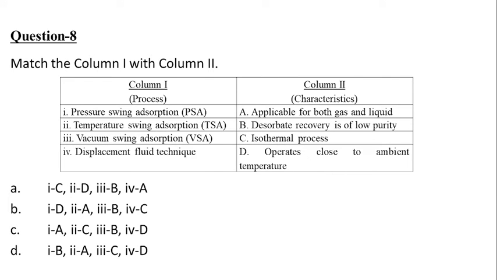So let's move to question number 8. Match column 1 with column 2. In column 1 some processes are given, and in column 2 corresponding characteristics are given. The processes are pressure swing adsorption, temperature swing adsorption, vacuum swing adsorption, displacement fluid technique.